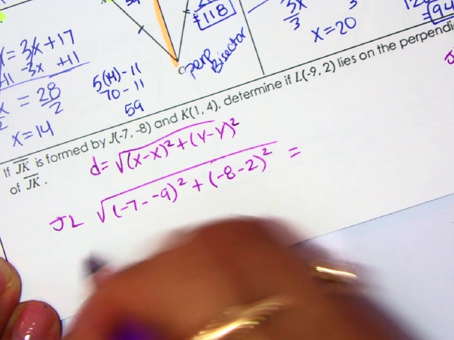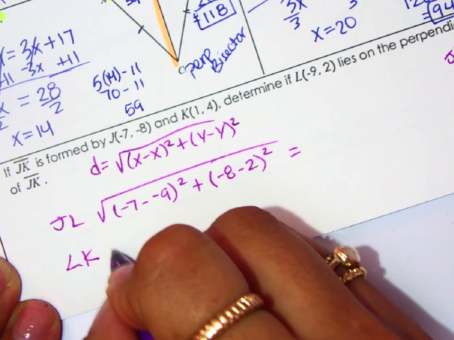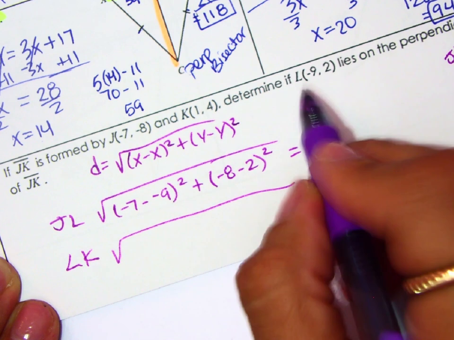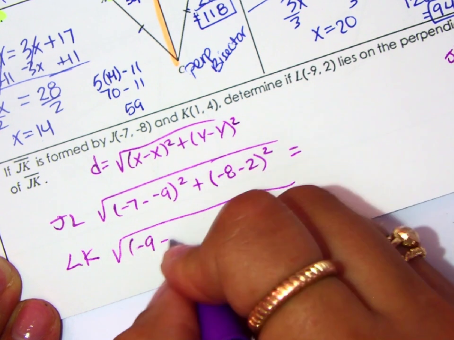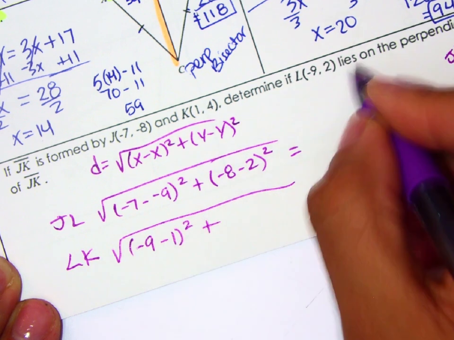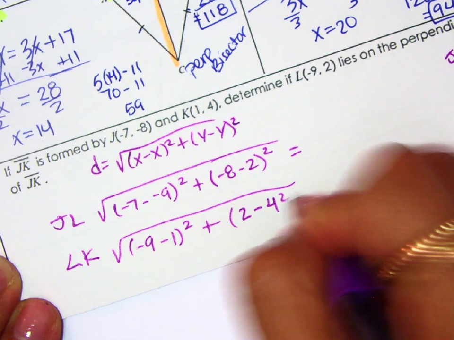Okay, and then the other one will be LK, and that will be -9 minus 1 squared plus 2 minus 4 squared.